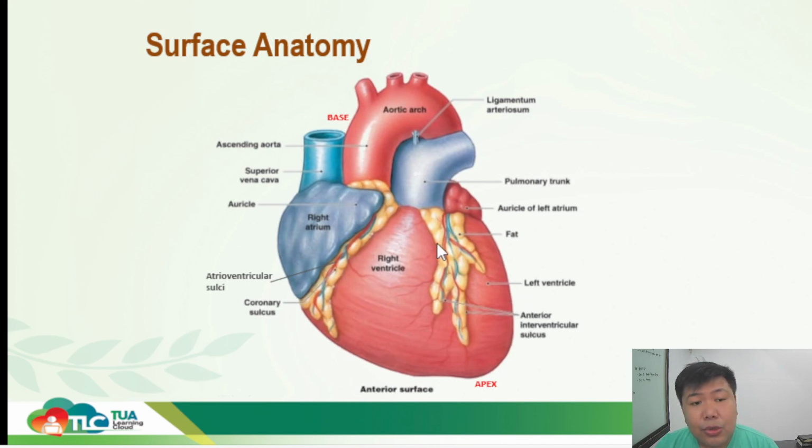And in that sulcus, in that depression, this is where usually we see the different blood vessels. We call those blood vessels coronary vessels, okay? Those are the ones that supply blood to the heart tissues. And the coronary vessels are the ones which are usually blocked in a heart attack. Okay?